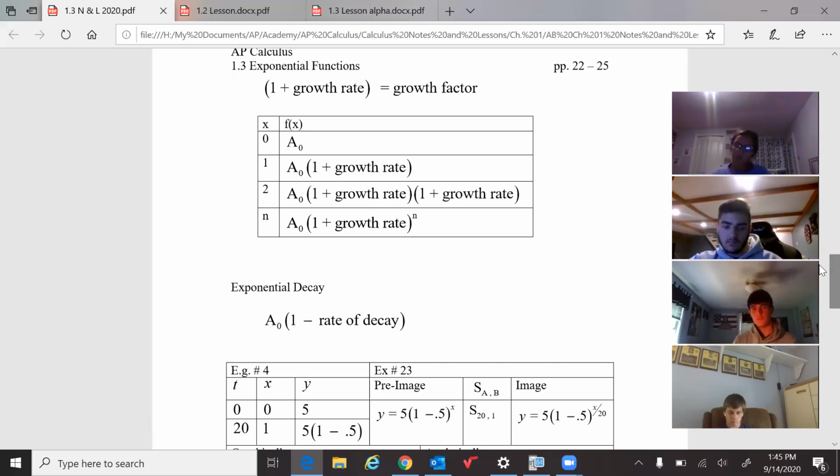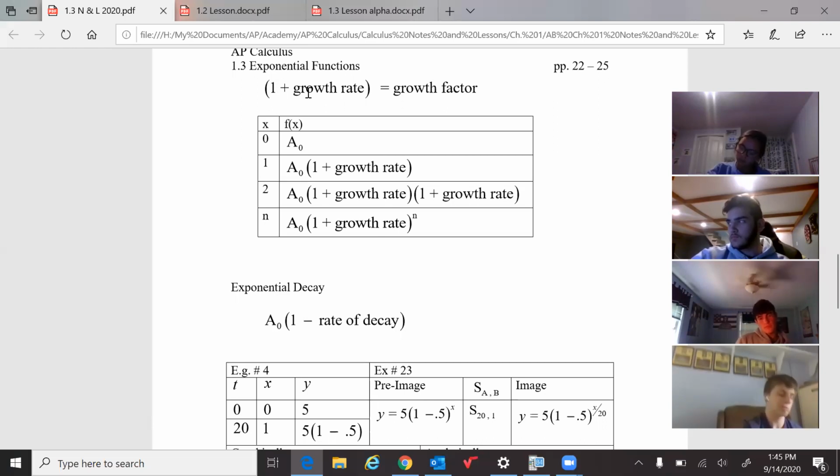So we're going to exponential growth and exponential decay. I organize it this way, which you might think is more trouble than it's worth, but this is how we're going to do it. The growth factor is what you're multiplying the initial value by. If X is how many time periods have gone by, at 0 you have A sub 0, the initial amount. After 1 time period, you have that times the growth factor.